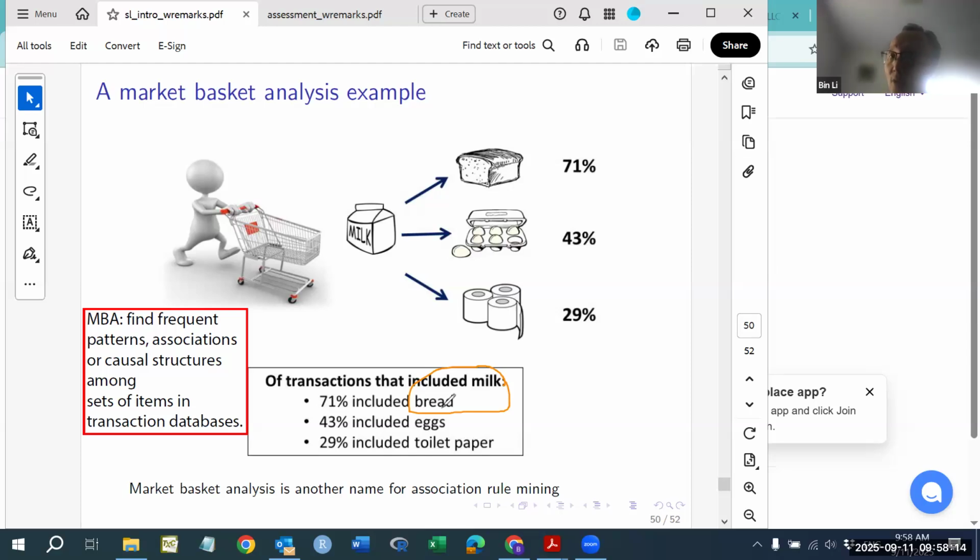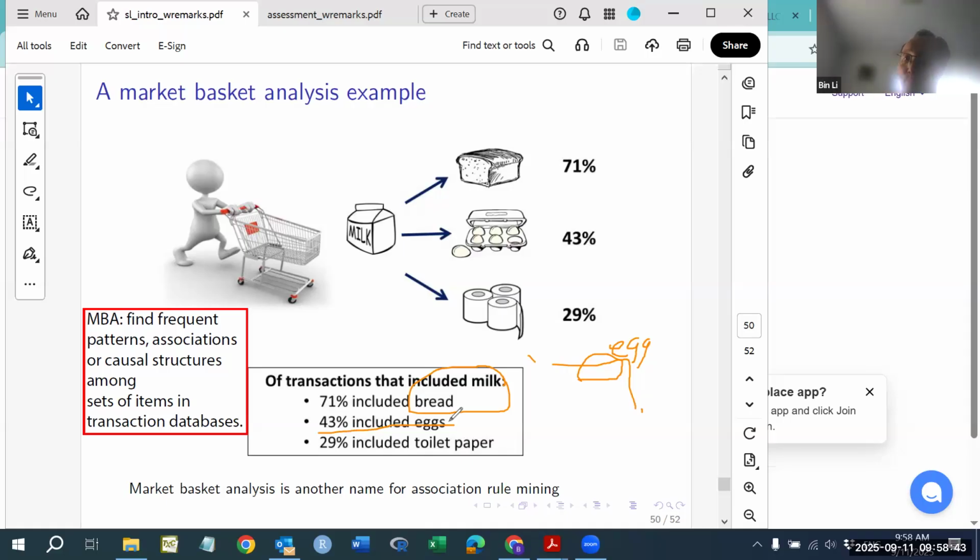But we can also do it the opposite way. We can put these two very far from each other, but along the path that connects the bread and milk, we can put something that may attract these types of customers. For example, we can put some eggs on the path because 43% of them also buy eggs. How about that?